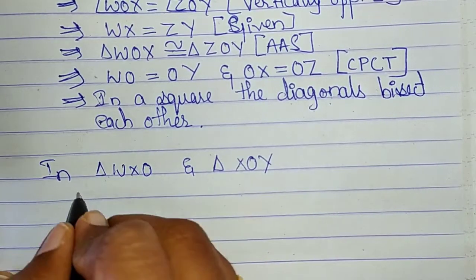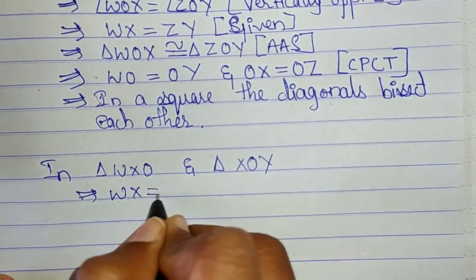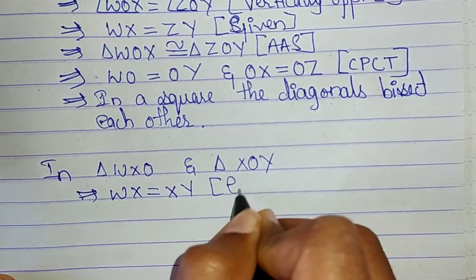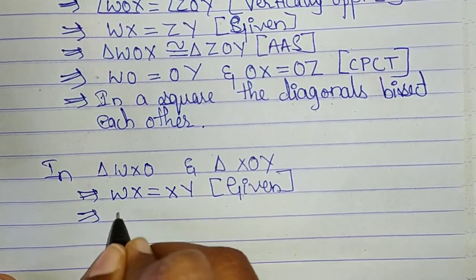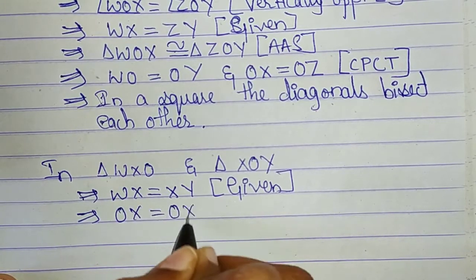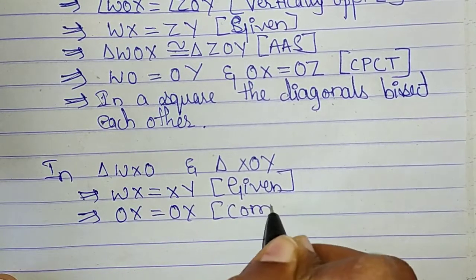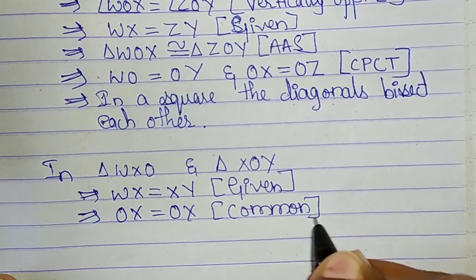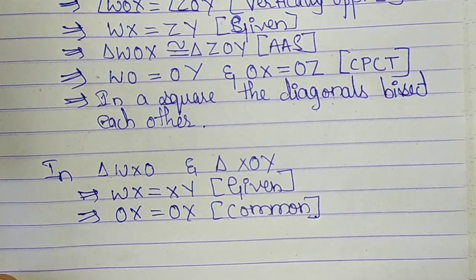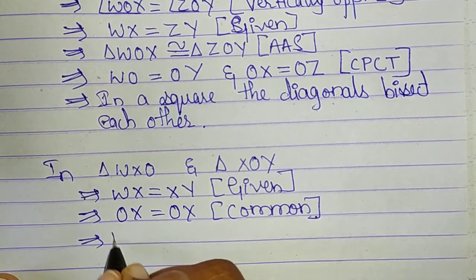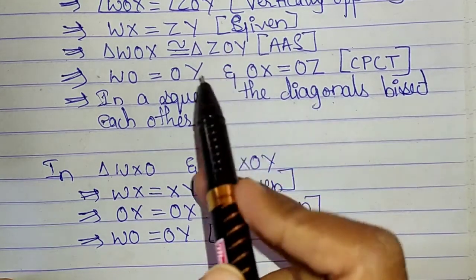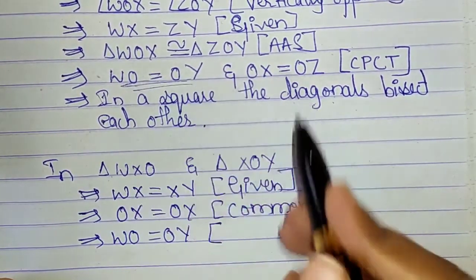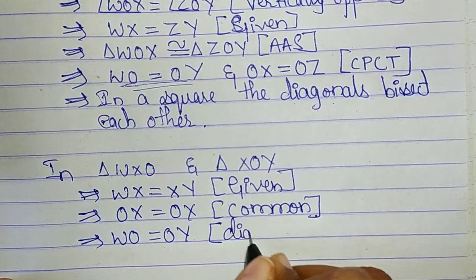In these triangles, WX is equal to XY, sides of a square, given, and then OX is equal to OX, common side, and lastly we have WO is equal to OY, the result from here: diagonals bisect each other.